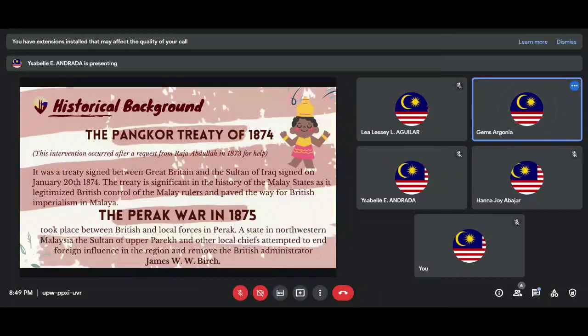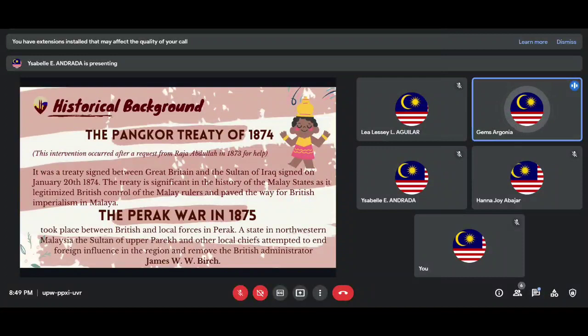Okay, so let's look at the Pangkor Treaty of 1874. It was a treaty signed between Great Britain and the Sultan of Perak on January 20th, 1874. It was significant in the history of Malaya as it legitimated British control of the Malay rulers and paved the way for British imperialism in Malaya.